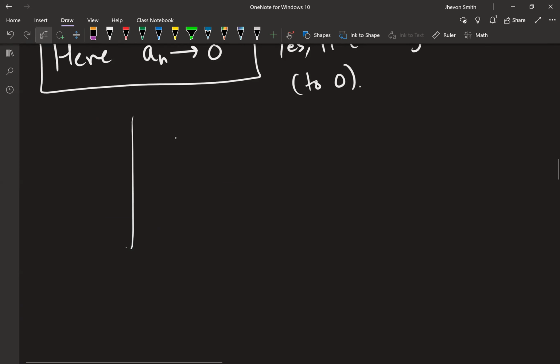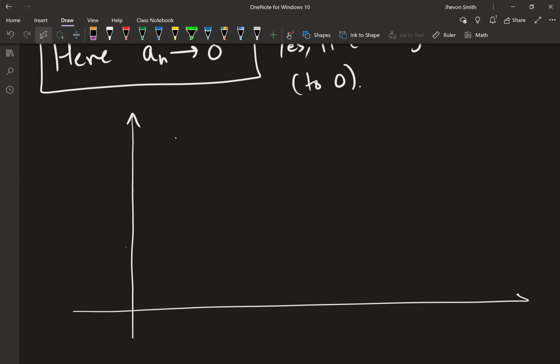So here, I can think of this as a function, which gives you the idea that I can maybe draw a sketch of it. Let n be on the horizontal axis, and let a sub n be on the vertical axis. Notice that when n is 1, a_n is also 1.